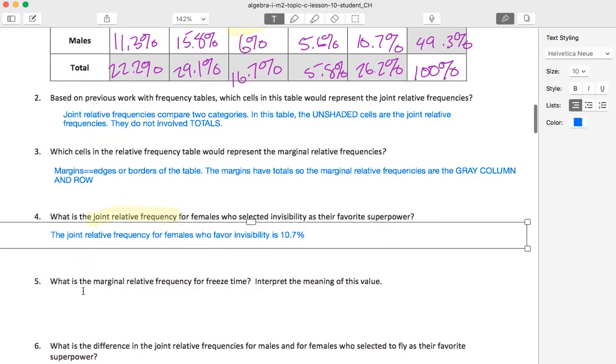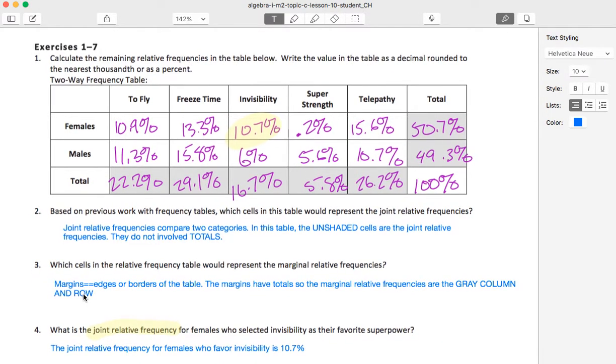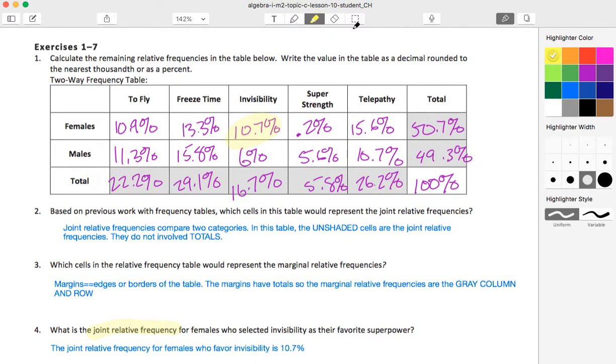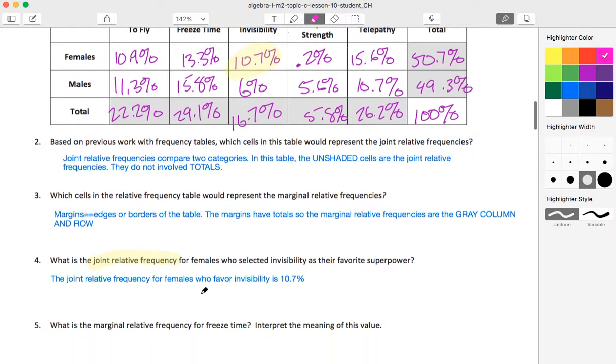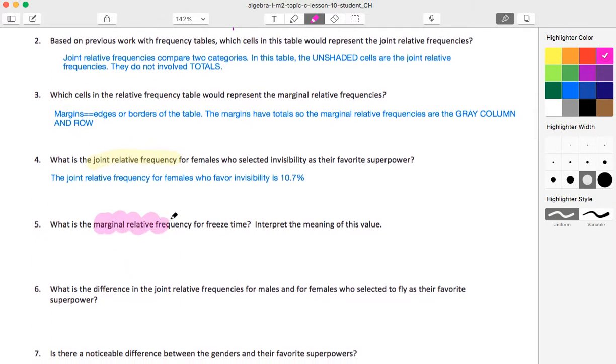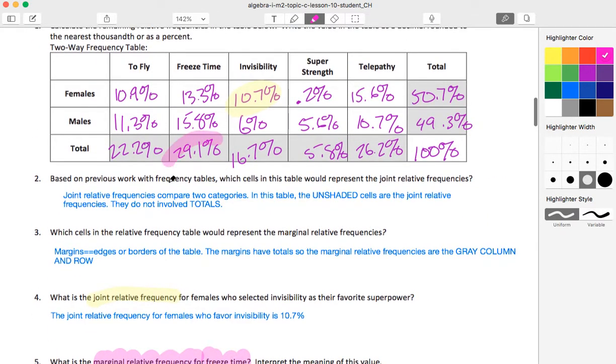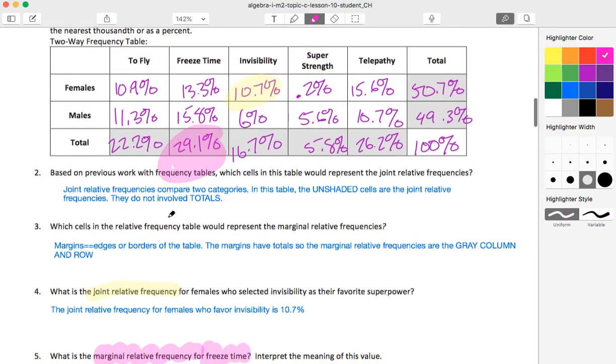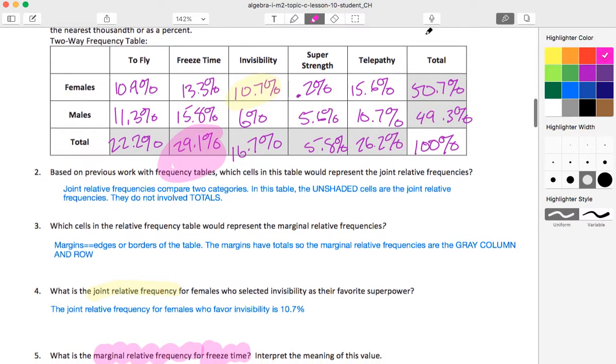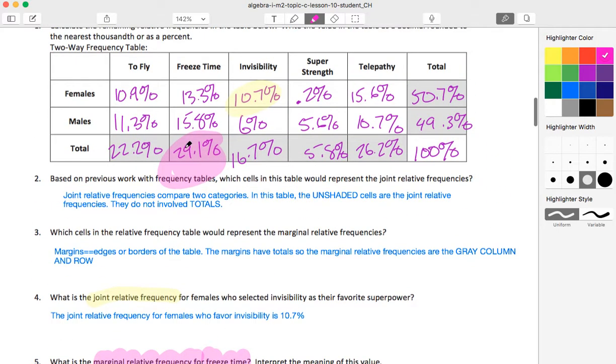Nice. What is the, let me change the color of my highlighter. What is the marginal relative frequency for freeze time? Okay, freeze time. So not just boys and girls. It is the total, the freeze time marginal, the grayed out boxes. 29.1.